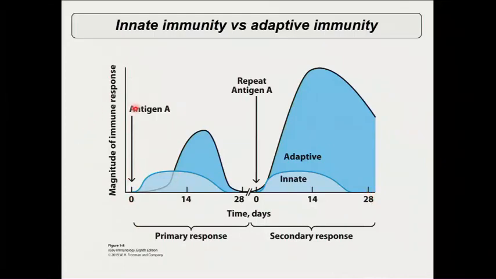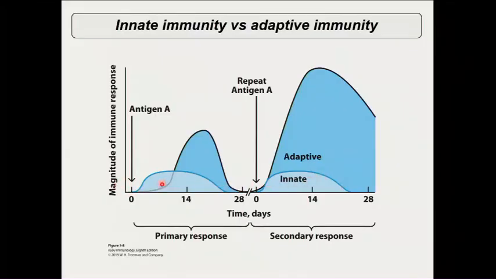And here we have things that happen: exposure to an antigen, to something foreign, and then a second exposure to the same antigen. And we have a primary response after the first exposure and a secondary response after the second exposure.